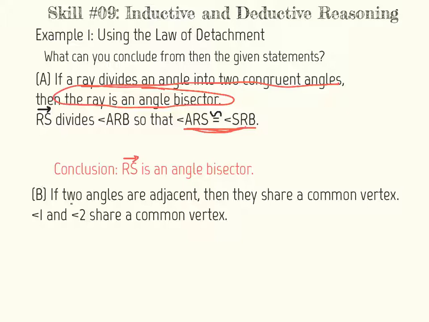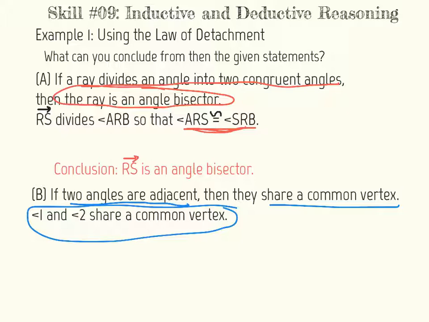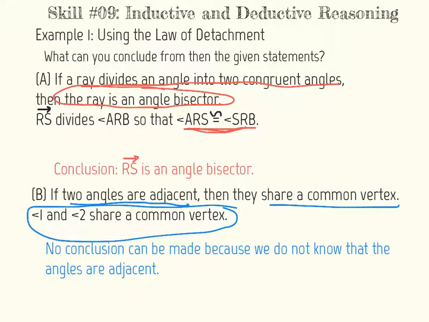So if two angles are adjacent, then we know they share a vertex. But here, we are told that the angles share a vertex, but we don't know if they're adjacent or not. So we can't make a conclusion. No conclusion can be made because we do not know that the angles are adjacent.